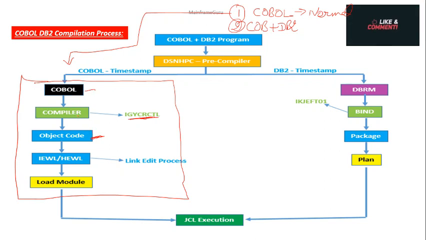Then there is a link edit process which converts this object module, including subprograms if they are linked to the main program, into the main load module. Then we will execute our JCL. But today we have a COBOL plus DB2 program.